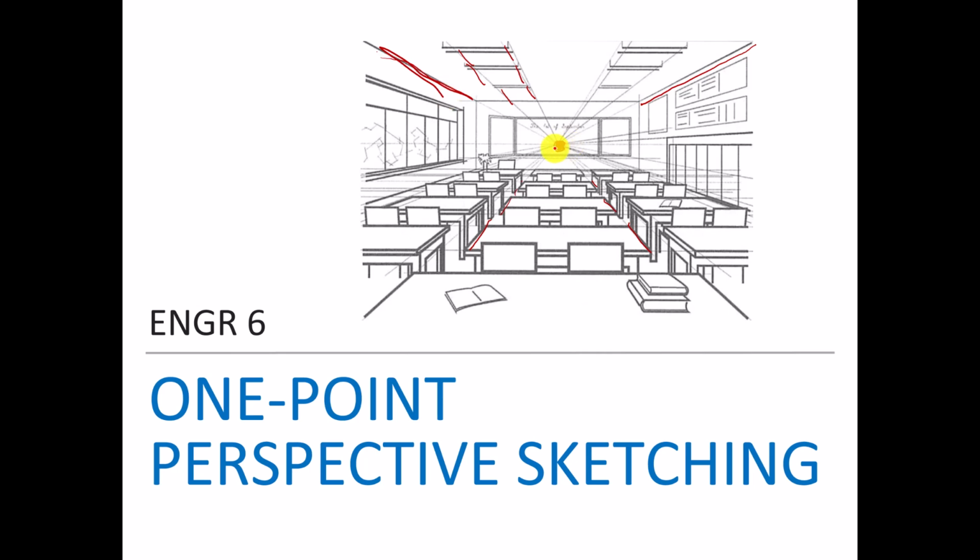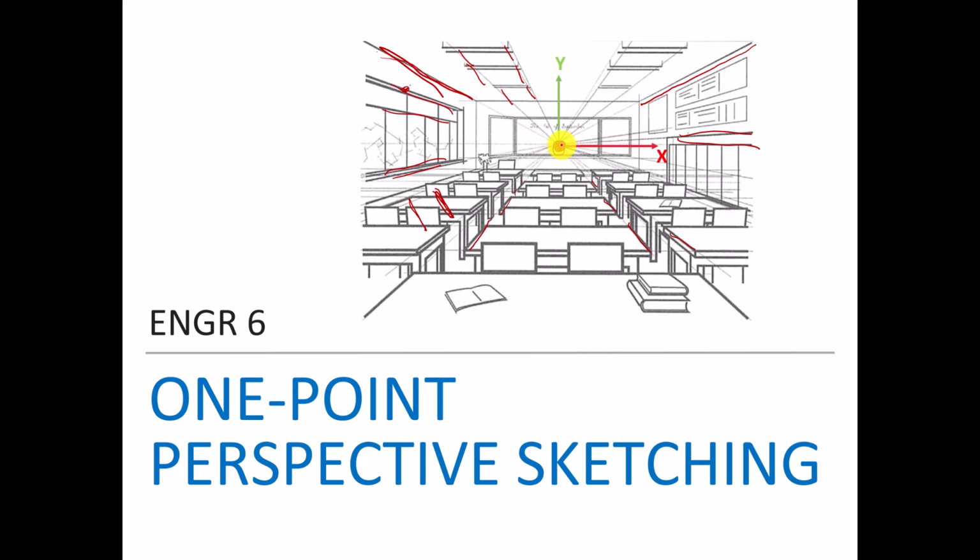If there are any other parallel lines in this classroom, they would project onto another vanishing point. But in this case, a lot of lines are parallel to your view direction, so they all converge to the same vanishing point.